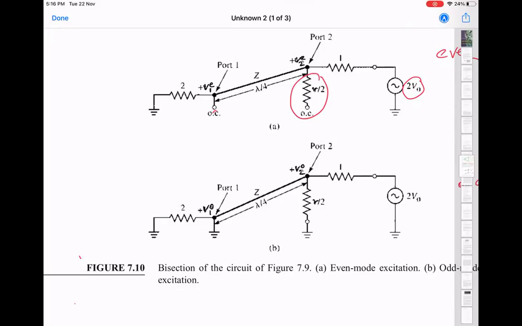So what do you have? If I now look from this side, I have a 50 ohm resistor with a voltage of 2V0 connected to a lambda by 4 section of a transmission line with characteristic impedance Z. Which means I can compute the impedance seen at port 1 looking out that way, right?